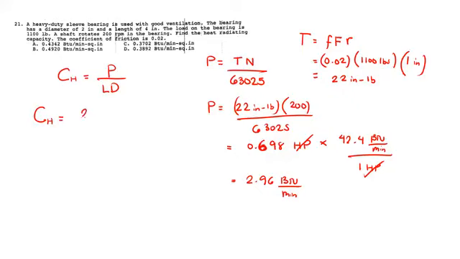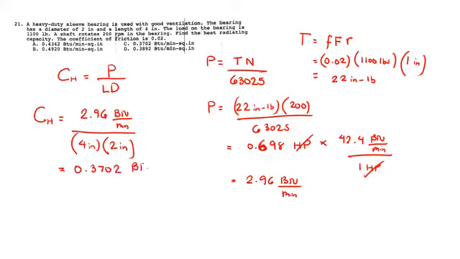So, power is 2.96 BTU per minute per length natin na 4 inches. Then, diameter na 2 inches. So, yan ang lalabas. 0.3702 BTU per minute to inches squared. So, the answer is letter C.